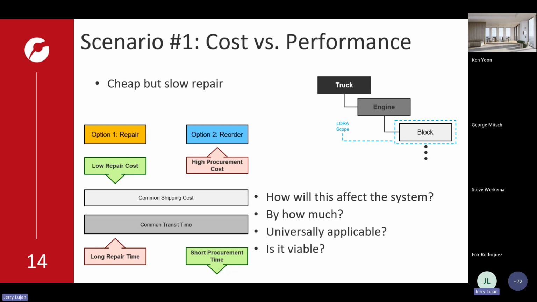So let's ask ourselves a few questions before we get into the actual example. How will this affect the system? In what ways does it affect the enterprise, your system here? By how much does it do so? And is a LORA decision universally applicable at every single point of cost and every single point of availability?